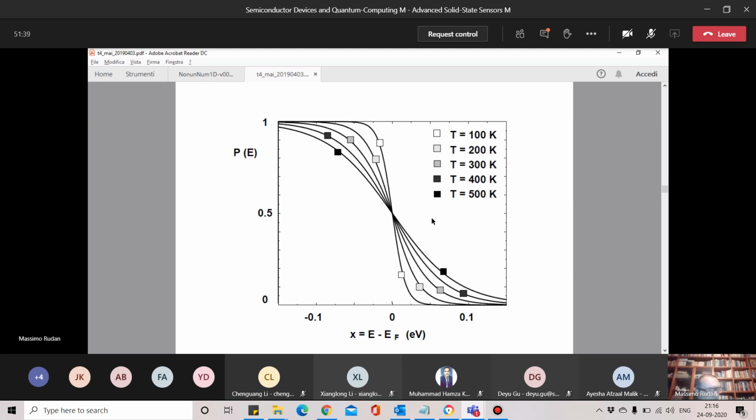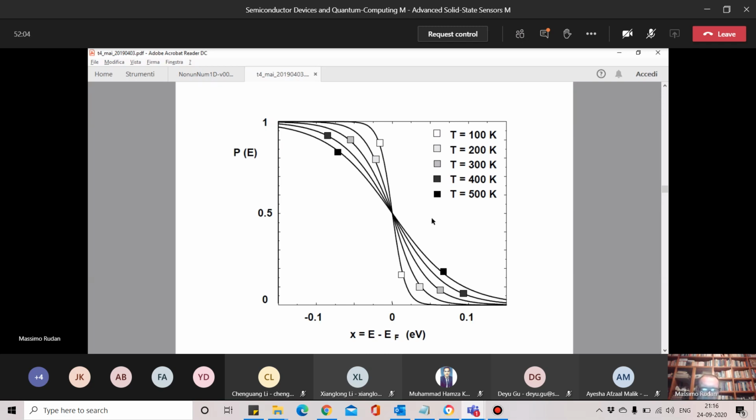If you give energy to a system of electrons, some of these electrons will become more energetic. So they will occupy energies that are larger than the Fermi level. So there will be a larger fraction of the electrons in energy states larger than the Fermi level.